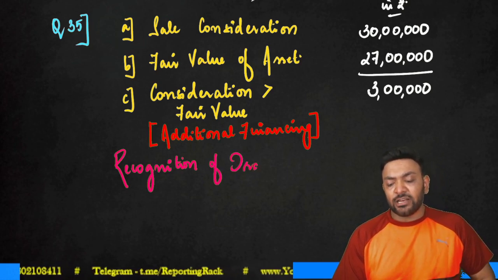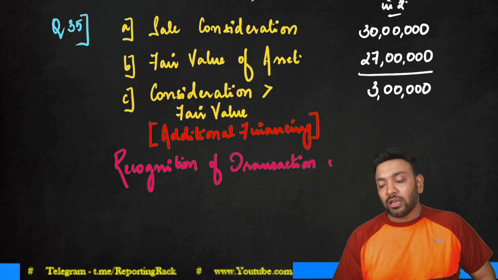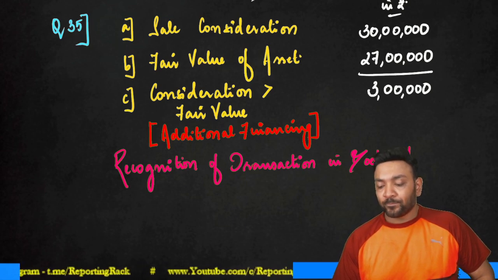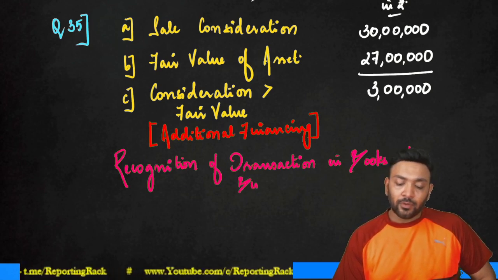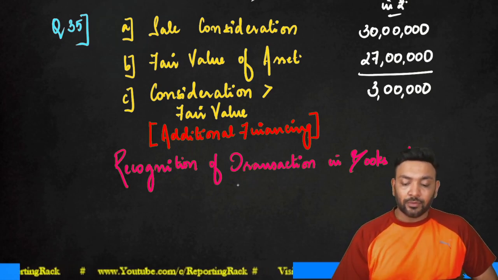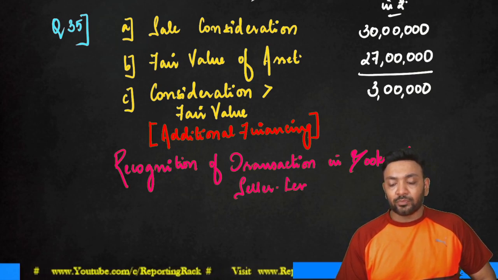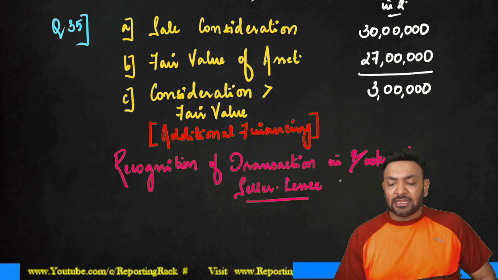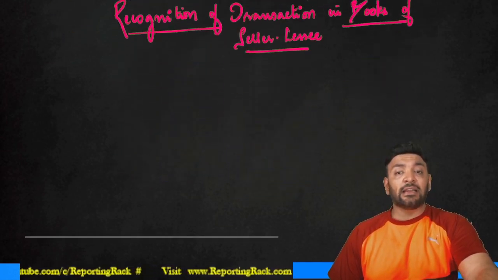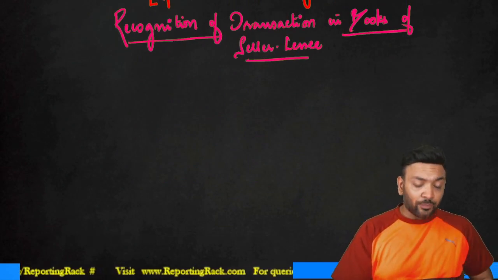Recognition of transaction in the books of the seller lessee or the buyer lessor, in the books of seller lessee. Since I have determined that there is an additional financing element, how does this transaction get recorded in the books of seller lessee? Let's see how the recording goes on.